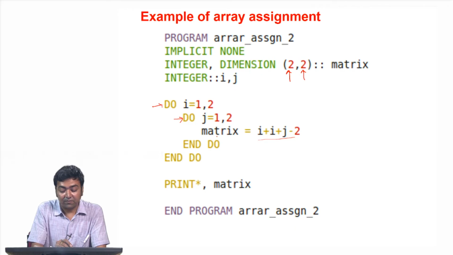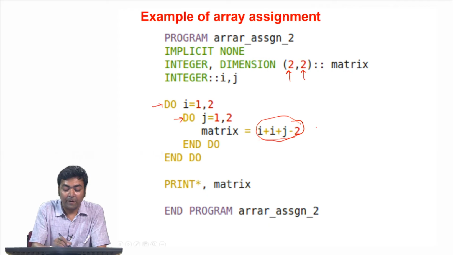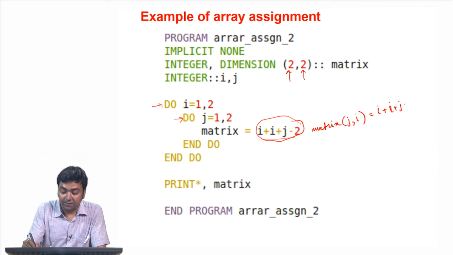Each time this loop is executed, it will assign this value to all the matrix elements. If you want to assign different values, then you can write this in this fashion: matrix(j, i) equals i plus 1 plus i plus j minus 2.